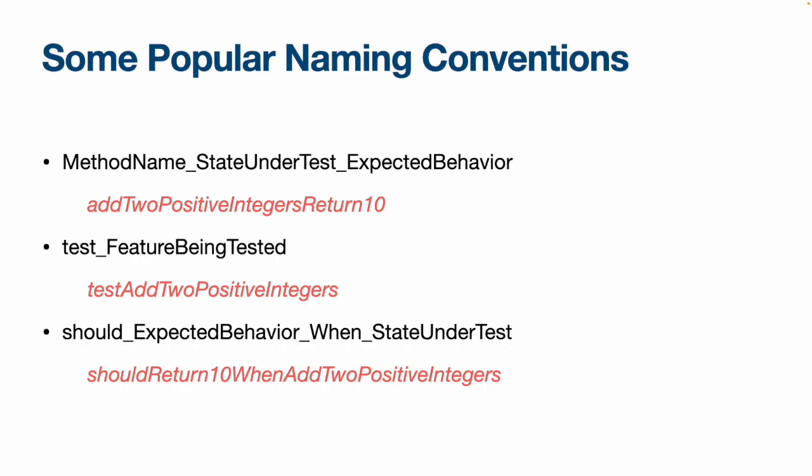So the test name would be testAdd2PositiveIntegers. The last method has the prefix should with the expected behavior when state under test. So the method name would be shouldReturn10WhenAdd2PositiveIntegers.